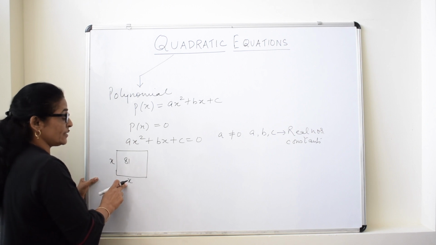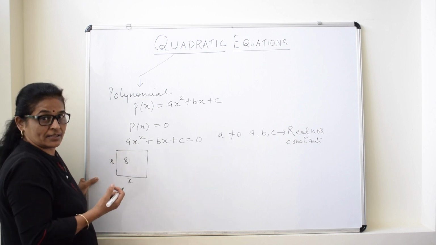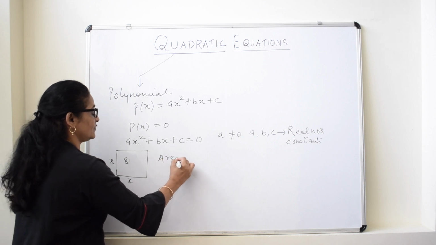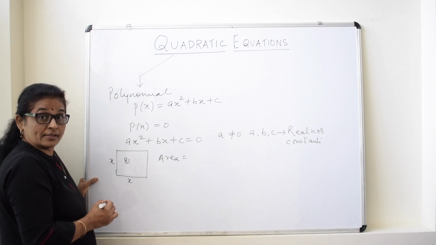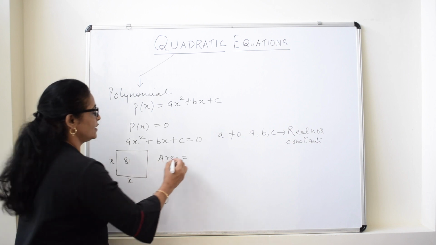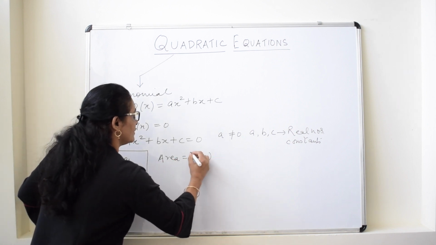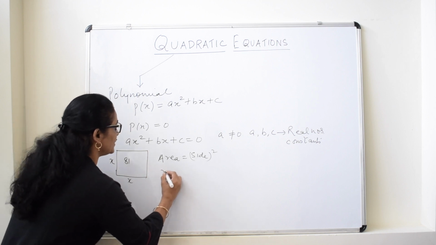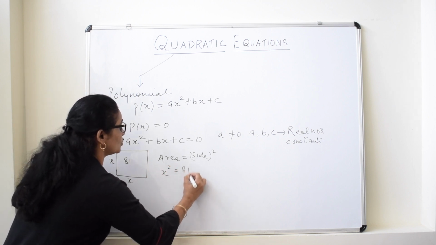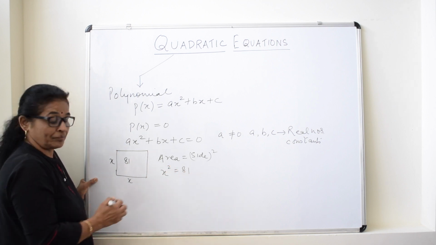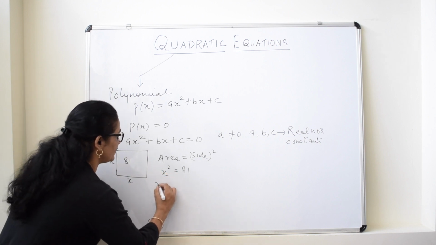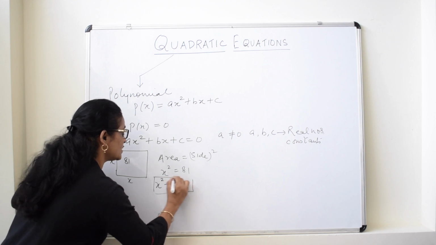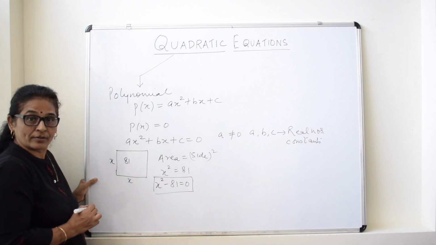So when we write this with the help of a known fact, what is the known fact here? Area. But area of a square is side into side. So we can apply this formula, and we will reach x square is equal to 81. Further, if we rewrite it in this form, we can say this is a quadratic equation.